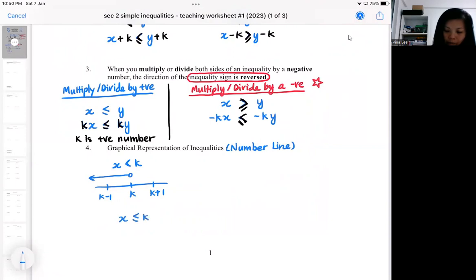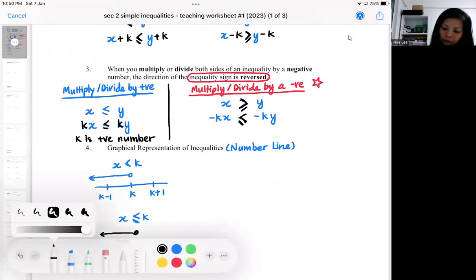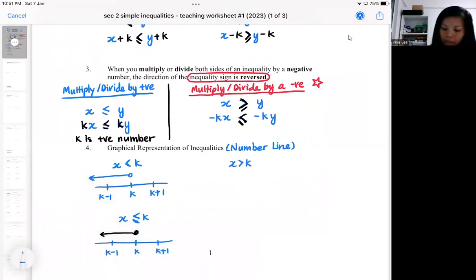If it's less than or equal to, what's the difference if there's an equal sign? Let me show you the difference between having an equal sign and no equal sign on the graphical part. If there's an equal sign, it will be a black circle, but it's still on the left side. Okay, if it is greater than a number, same thing. We will do a k plus 1 and a k minus 1.